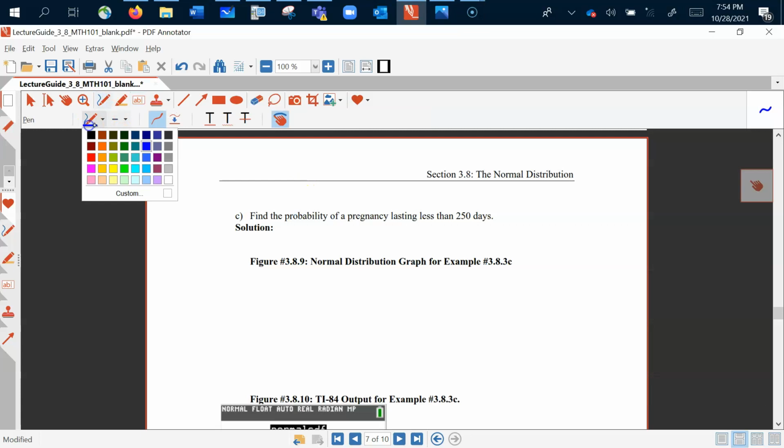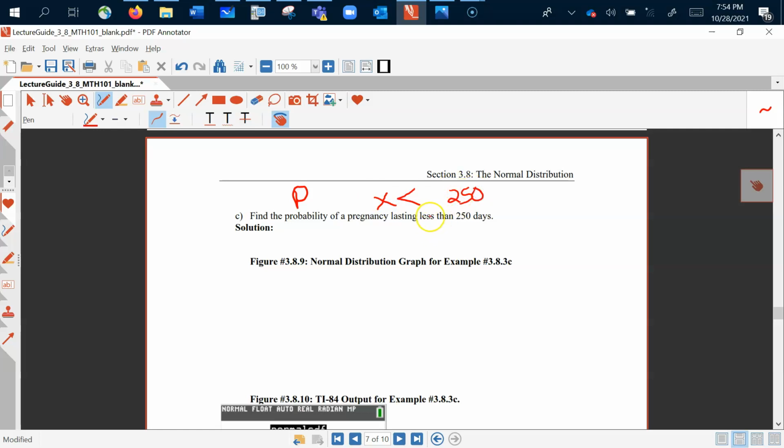Oops, and let me go ahead and bring up the ink that I was using. Human pregnancy less than 250 days. So there's the less than symbol with the word less. Human pregnancy, the length of that's our random variable. So the probability that a human pregnancy lasts less than 250 days.